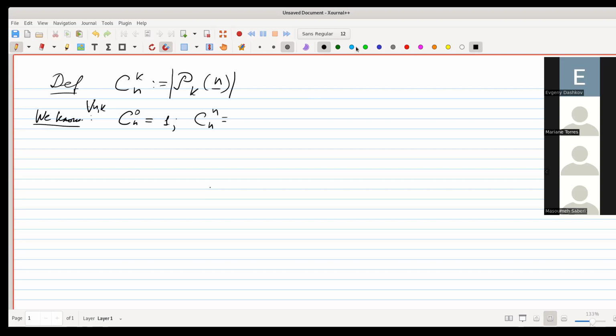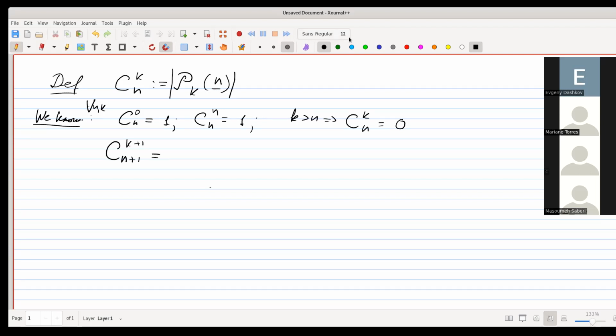One. n choose n equals 1. If k is greater than n, how many k element subsets does one have in an n element set? 0.